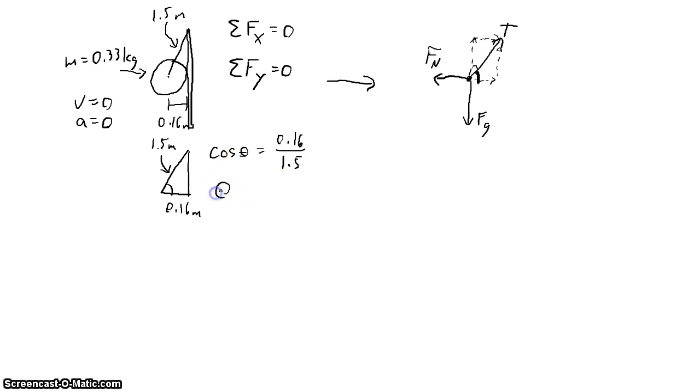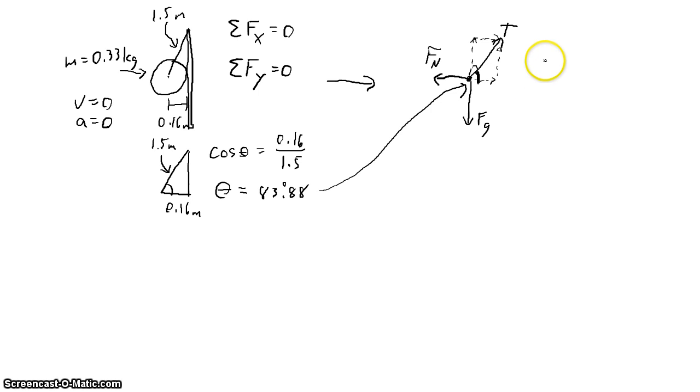So, if we do this division here and take the inverse cosine, what we'll end up with is an angle of 83.88 degrees. So that becomes this angle here. That's the angle that we can use to find the components of the tension force.